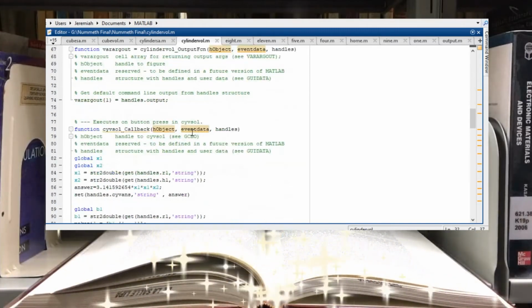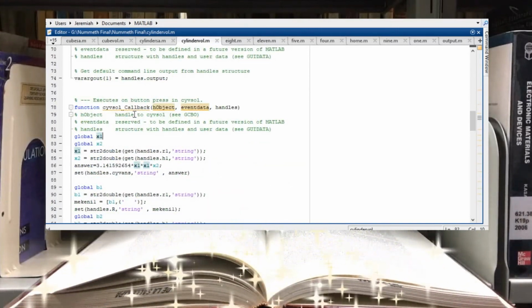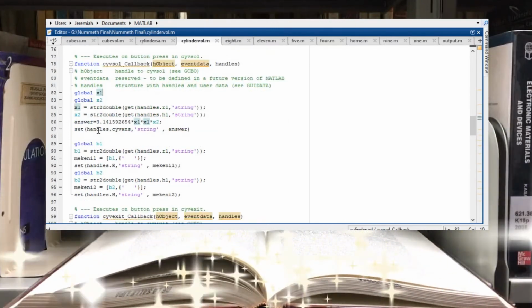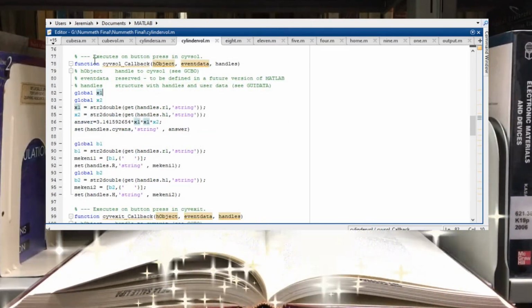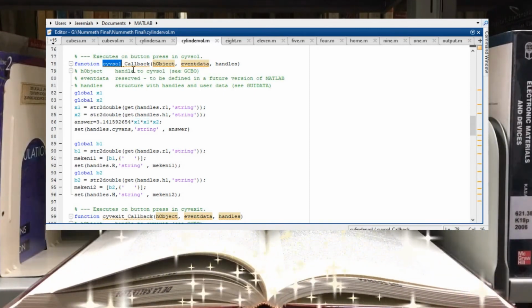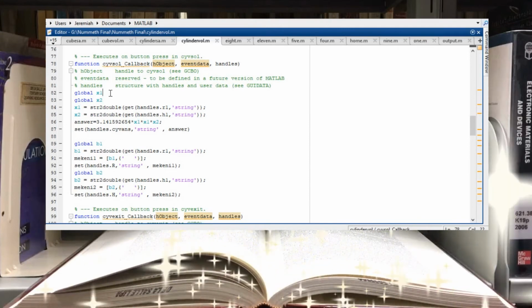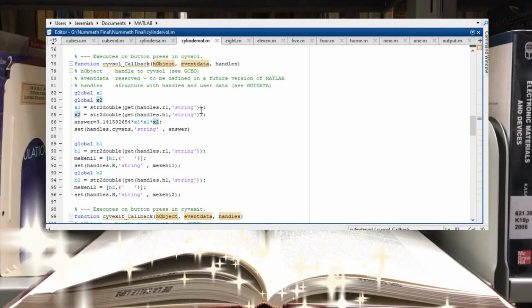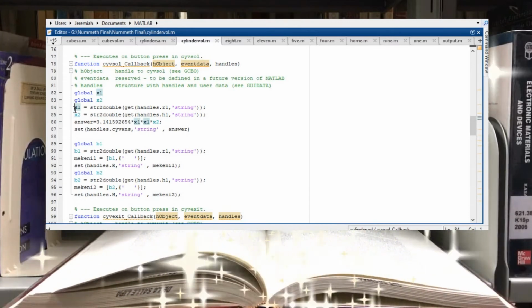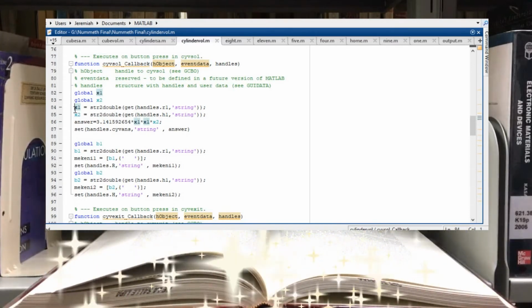For example, in this part, we put the computation for the cylinder volume in this CYVSOL callback. We put the global one, the global 2, and then the equation for that particular formula. Why do we do that?